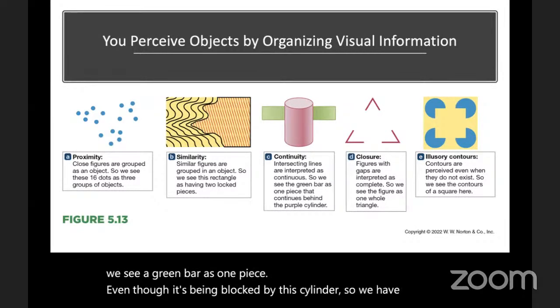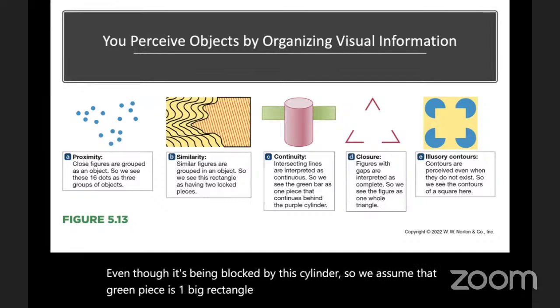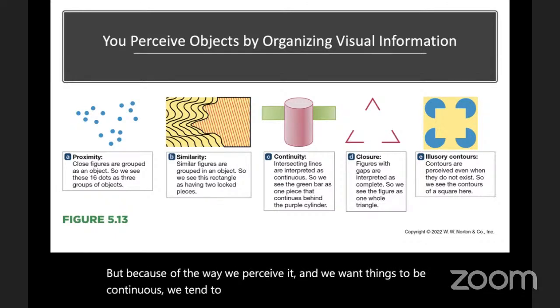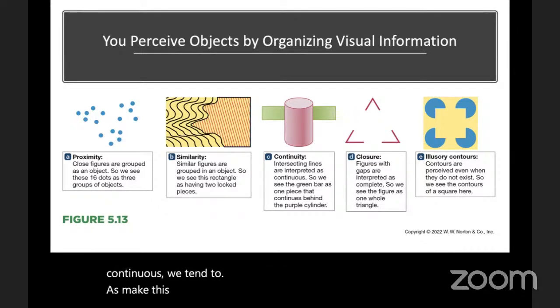So we assume that green piece is one big rectangle, but for all we know, it could be 2. But because of the way we perceive it, and we want things to be continuous, we tend to make this assumption.